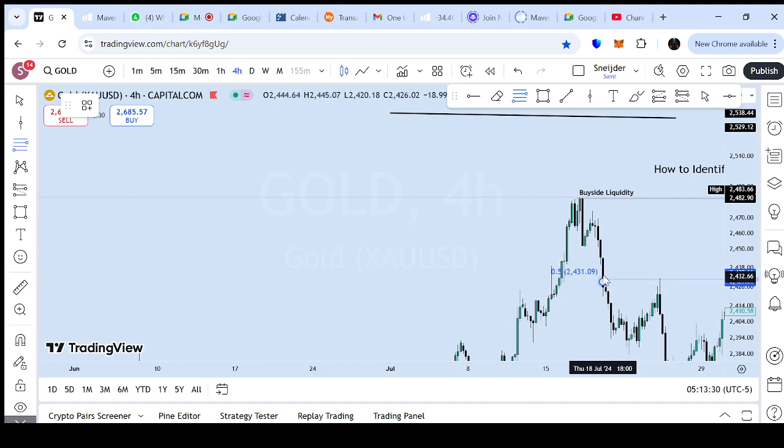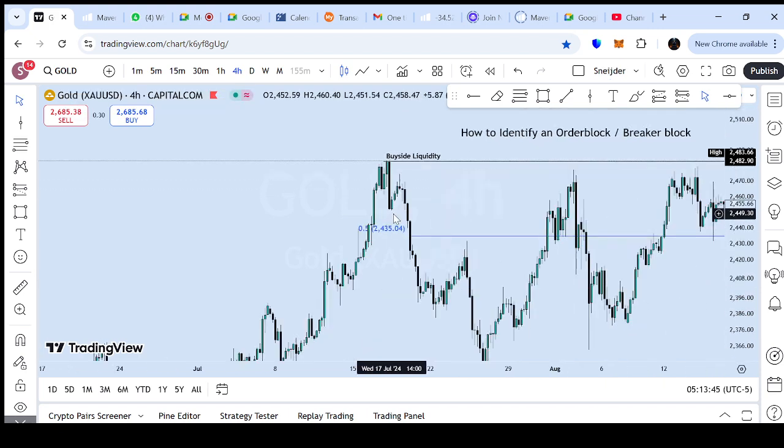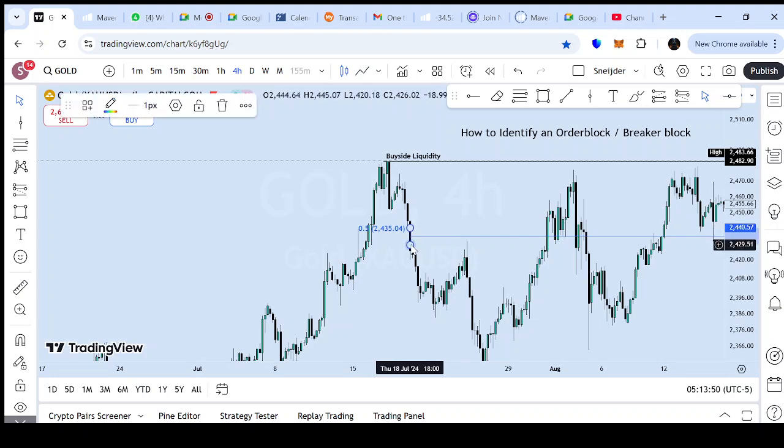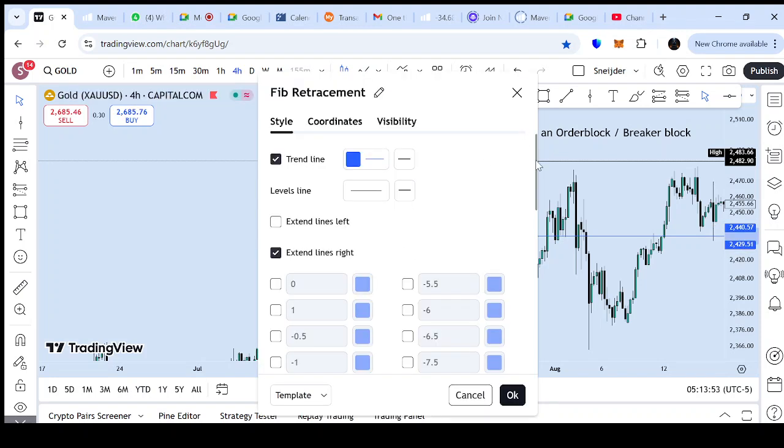You toggle from the low to the high, drag it. Once you click on the high of this candle, then you drag it up, then coming to the high of this weak low. For the low, you release it, it will be there. Now it's giving you the 50% of the inefficiency there. This is how you set your Fibonacci.